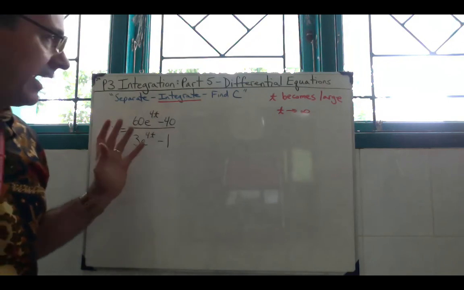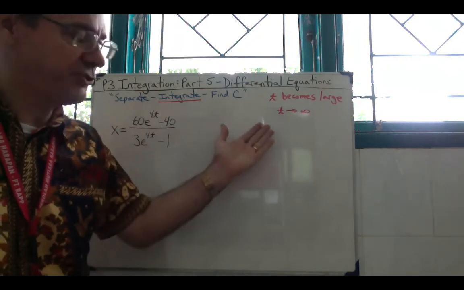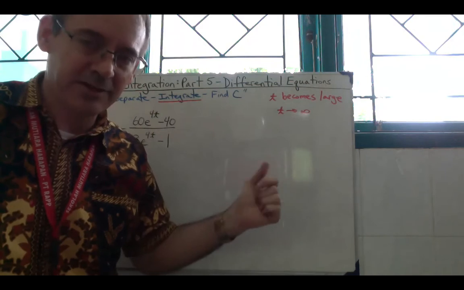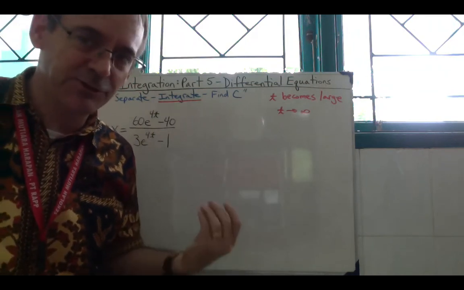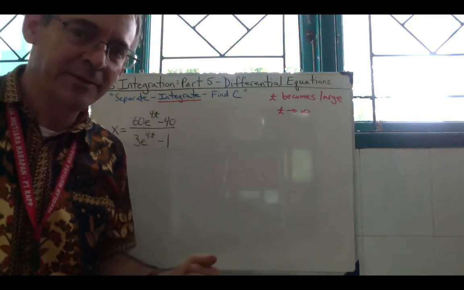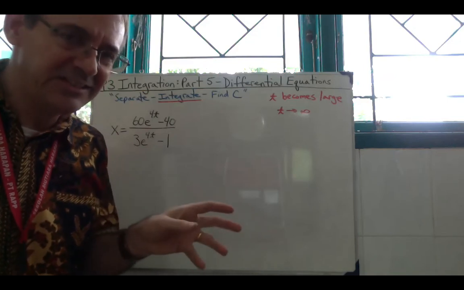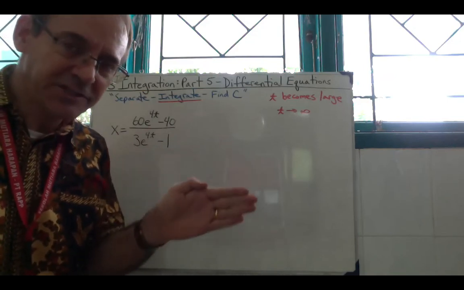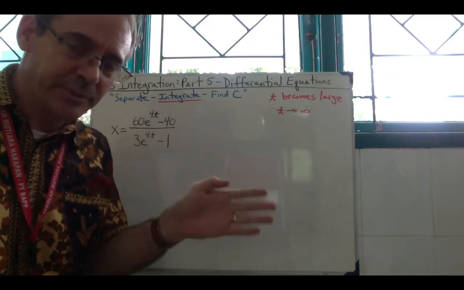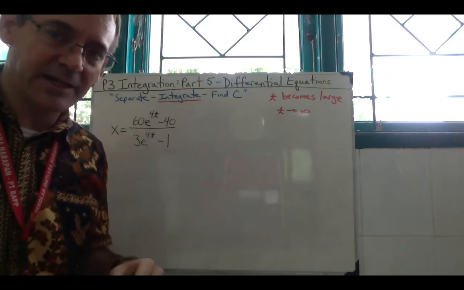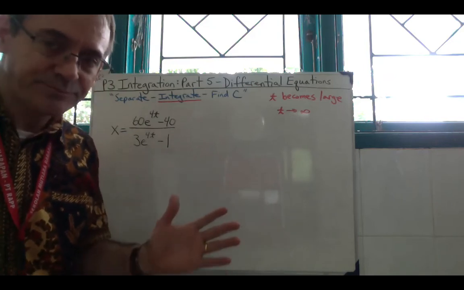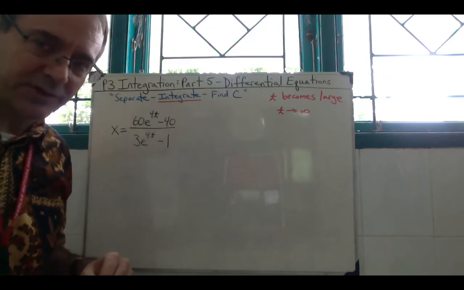Well, this really has to do with what's called limits, and Cambridge does not include limits in its syllabus. I wish they had at least a basic introduction to limits before they entered the calculus units, but they don't. So that's why I'm going to take time to explain this.